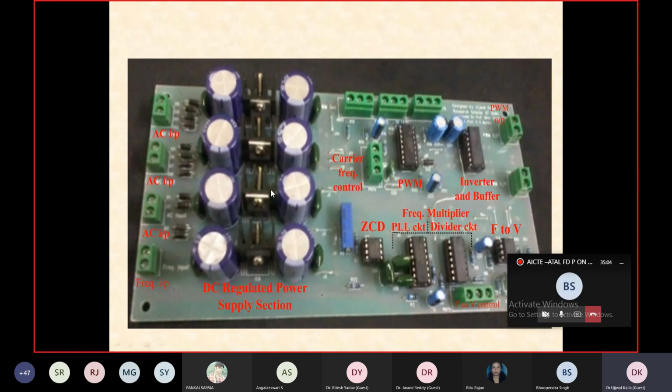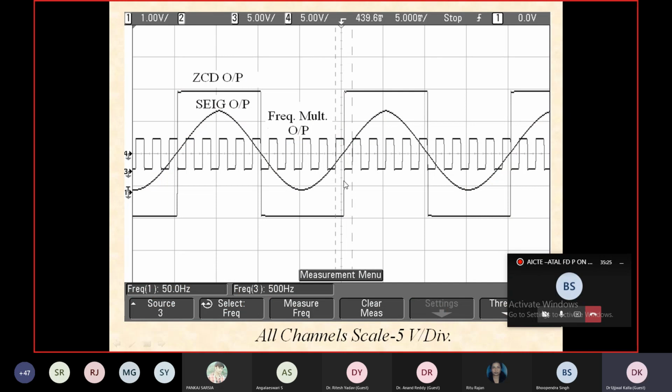So see, this is the photograph of the analog controller. These are the power supply sections, various power supplies required to operate these different sections. This is the ZCD section, this is the frequency multiplier and PLL section. This is the F2V converter. This is the buffer inverter. Then this is the PWM generator slice. Okay, so it is like that.